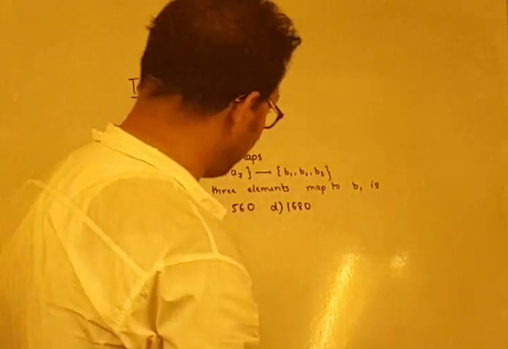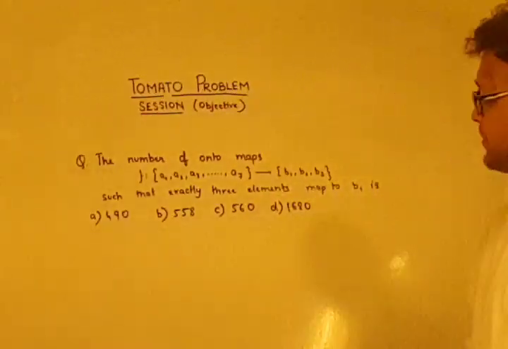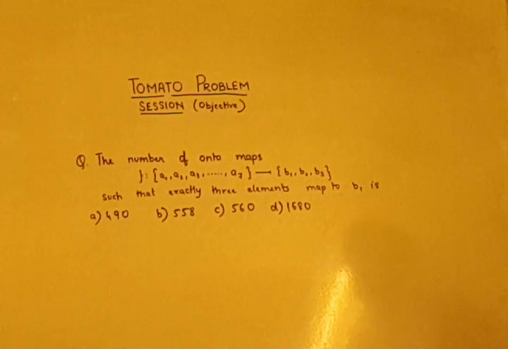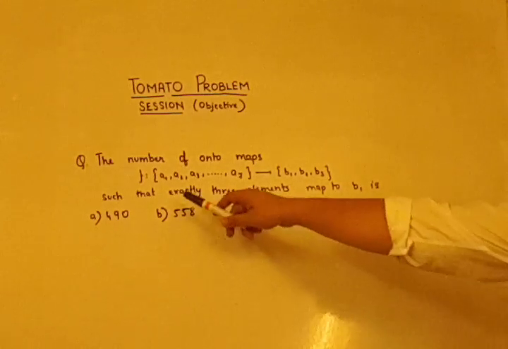So this is the second problem for the day. It says, find the number of onto maps such that the sets are given.